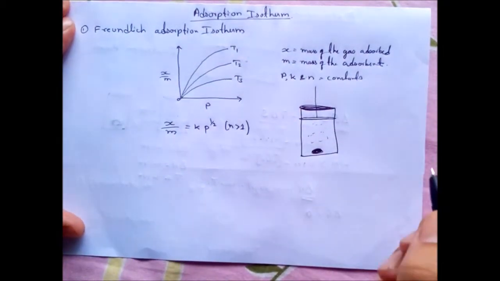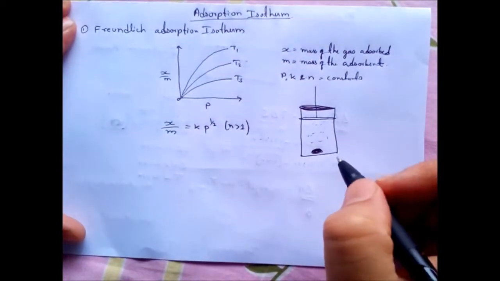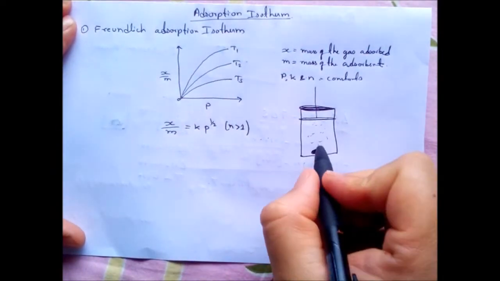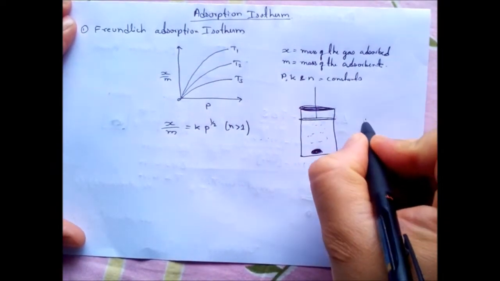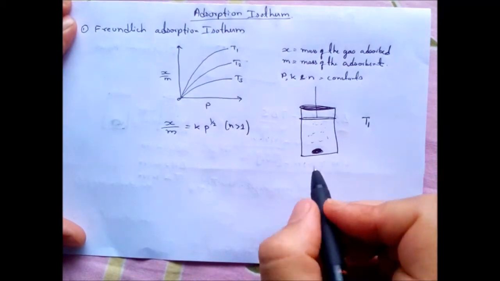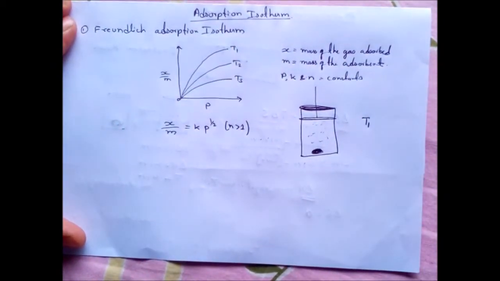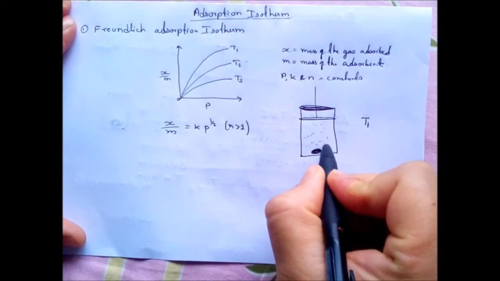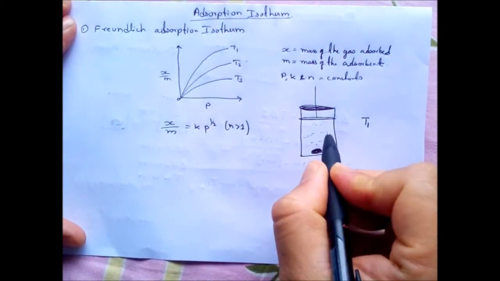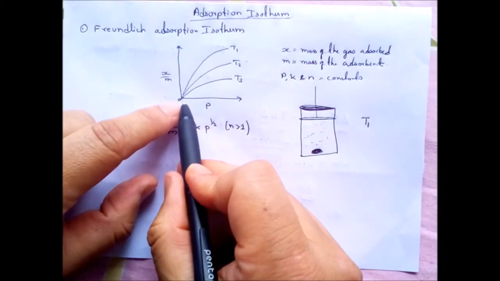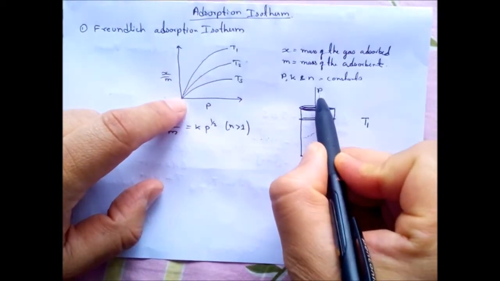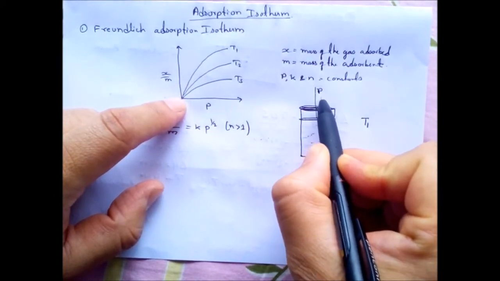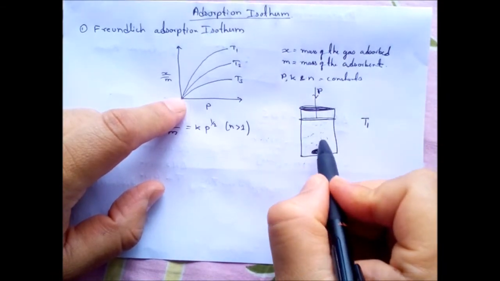Initially at temperature T1, the gaseous particles will adsorb at a certain pressure. The pressure is applied from here, P.